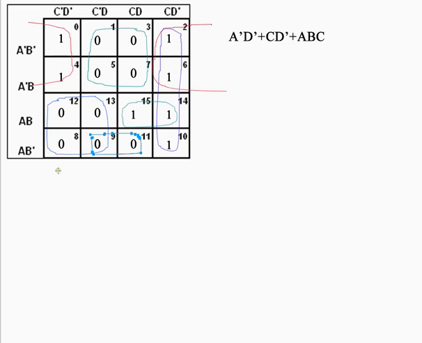The reason it's not good is because this term seems okay, but there is actually a bigger one that contains these two. And that is, if you consider the fact that the map wraps around, you can take these two terms with these two right here. All right. So now these red terms will do.